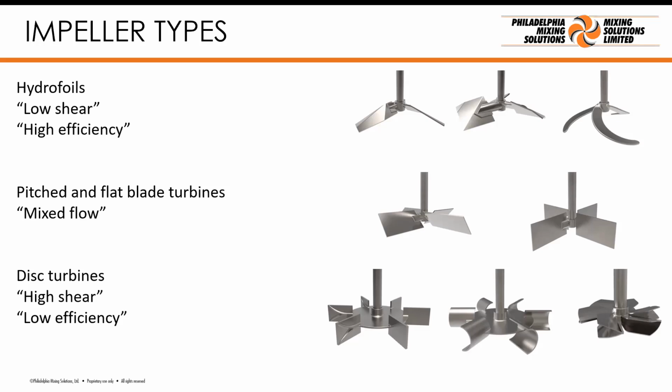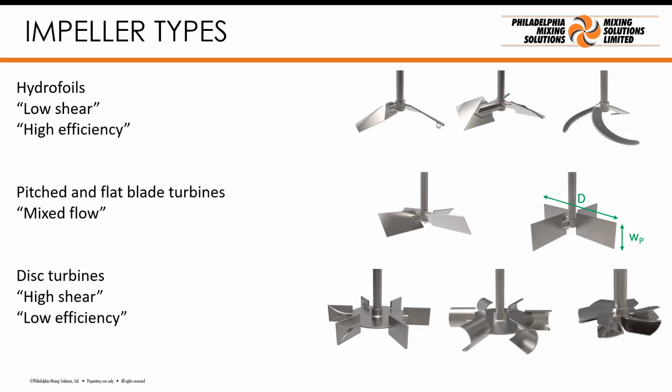So the way these agitators or impellers are described in the industry is that the hydrofoils are low shear and high efficiency, and the disk turbines are high shear and low efficiency. I mentioned the ratio, this dimension of the projected height of the impeller. This is the ratio that we're looking at, and it's different for different impellers.